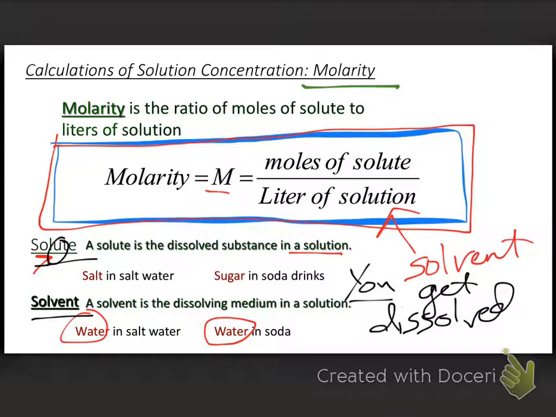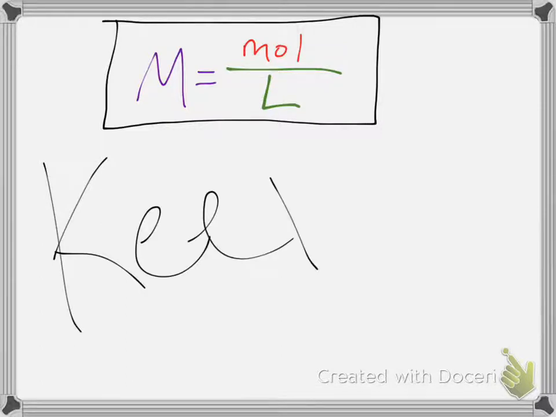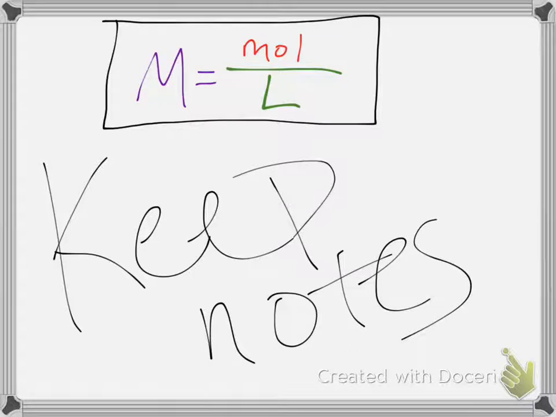Okay? So let's look at this equation a little bit more in depth before we just dive into calculations. So molarity equals moles divided by liters. But sometimes we are going to solve for other things. As a reminder, please keep notes about this process and things I'm talking about.